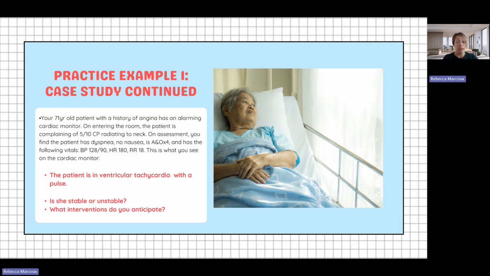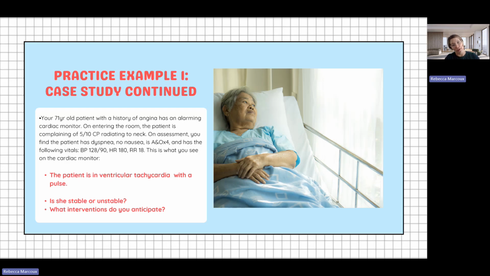So given that this patient has 2 out of 4 symptoms minimum of impaired cardiac output, I would call this patient unstable, on the verge of unstable. And during one of our webinars, we had some good discussion about whether this patient's stable or unstable.